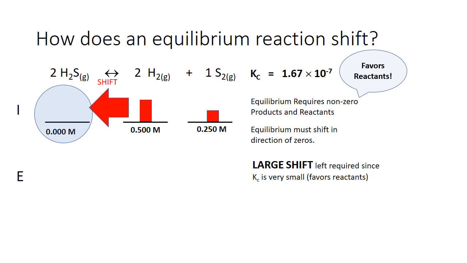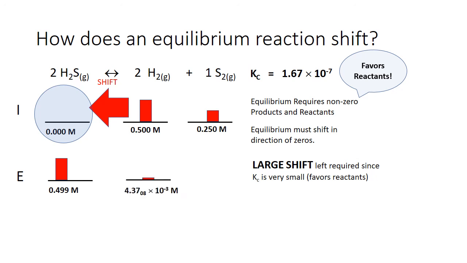Skipping ahead to the solution, the equilibrium levels reflect this very large shift to the left. The amount of H2S present once equilibrium has been achieved is 0.499 molar, quite a big change from the 0 it began with.